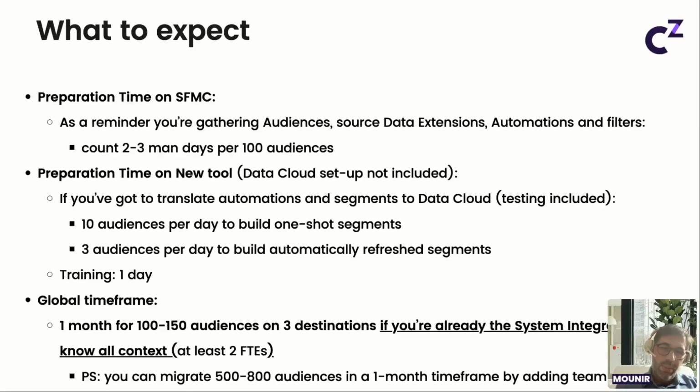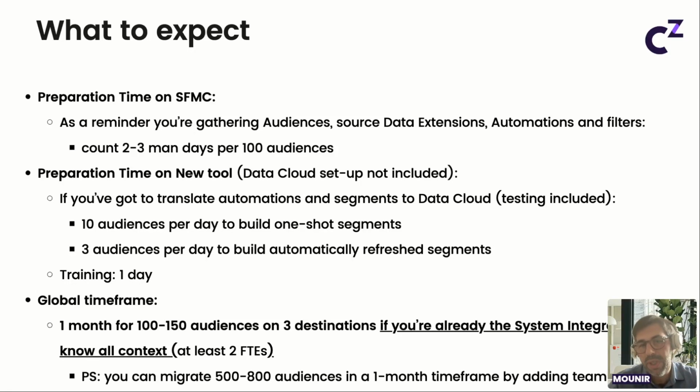So I've put here, from my experience, a couple of metrics that you can rely on. It's just informational, so do not believe it will work every time the same way. But when you're preparing on Salesforce Marketing Cloud, so you're gathering audiences, source data extensions, source automations, filters, and so on, you can count around 2-3 man days per 100 audiences.